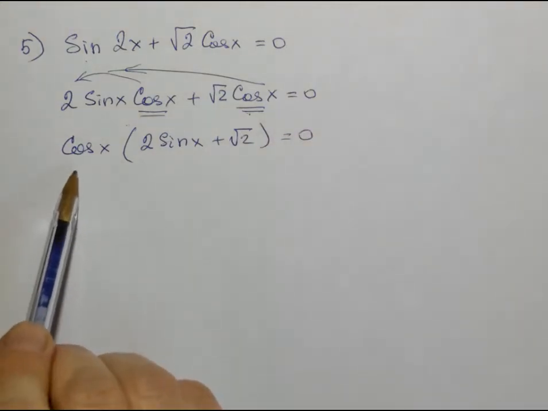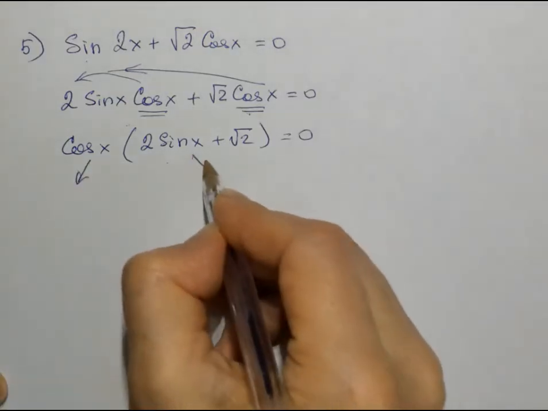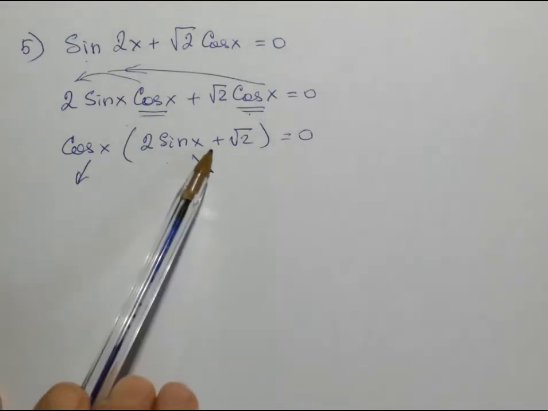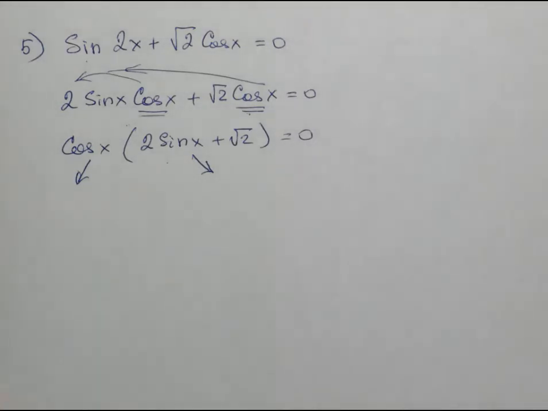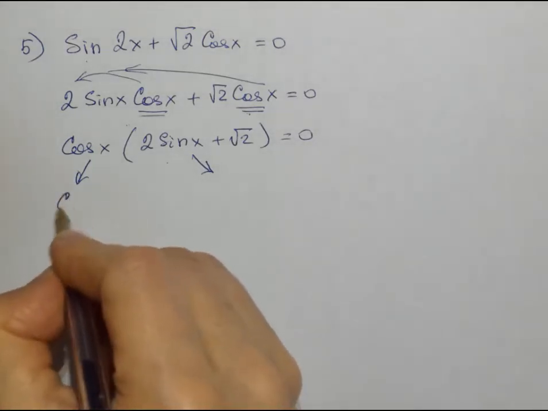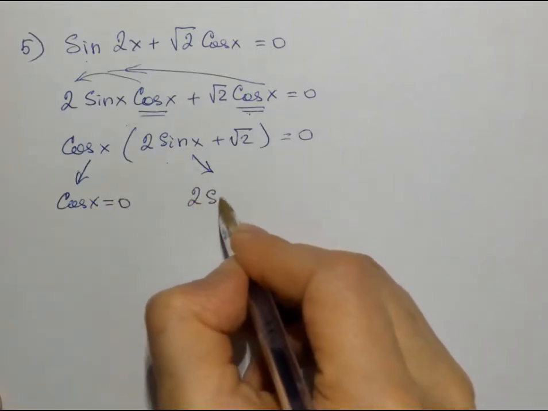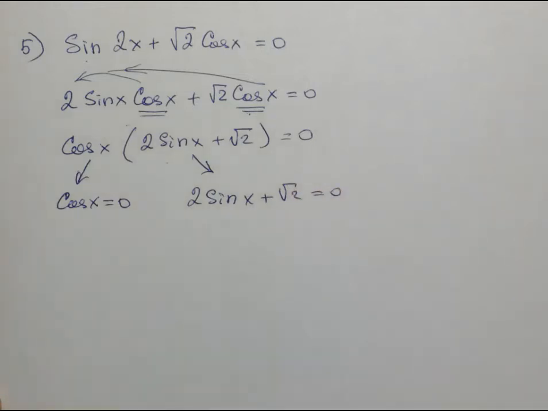Now the product of two factors equals 0 means that each of these factors can give a zero of the equation. So if cosine x equals 0, we have a solution, the product is 0. Or when this sum equals 0, it is also a solution and the product is 0. So either cosine x equals 0 or 2 sine x plus square root of 2 equals 0.